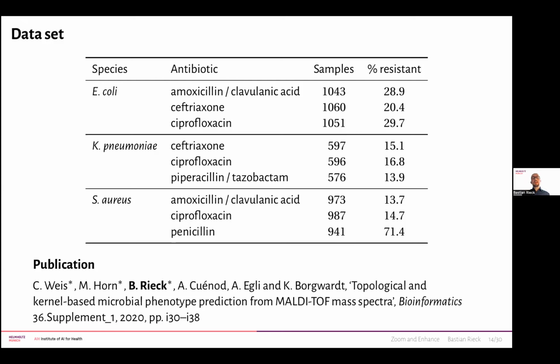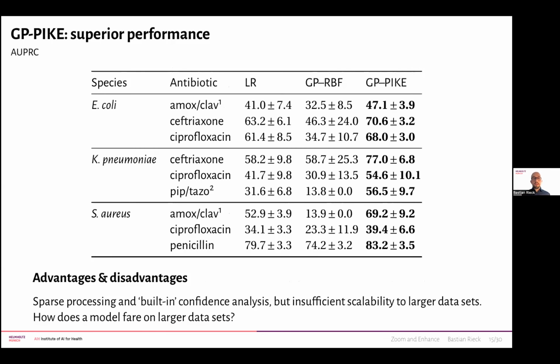But it works for more classical machine learning approaches, and in particular for approaches like ours, which just take the peaks into account and use a sparse representation. This is taken from our paper, Topological and Kernel-Based Microbial Phenotype Prediction from MALDI-TOF Mass Spectra. What we did here is we used a Gaussian process with our PIKE kernel and checked how it performs against a standard logistic regression based on the other pre-processing pipeline that I showed you.